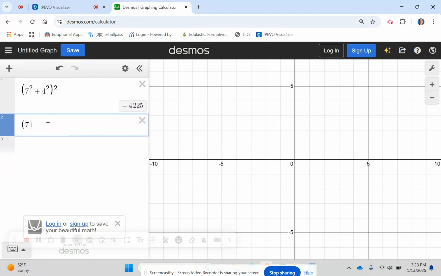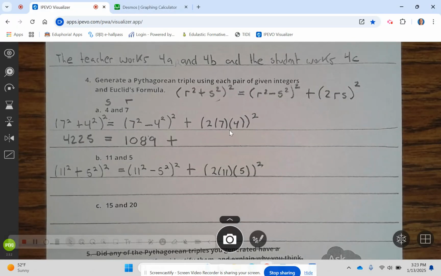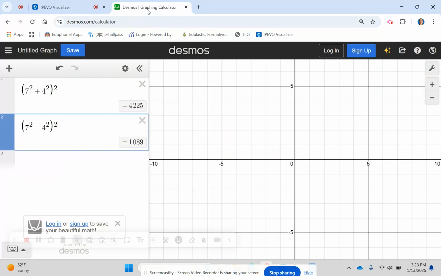So 7 squared minus 4 squared, squared is 1,089. And then we need to plug this into the calculator. So 2 times 7 times 4, squared is 3,136.